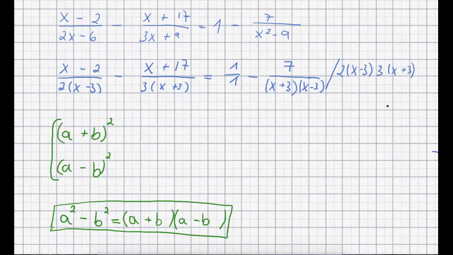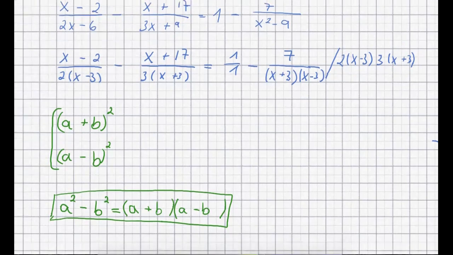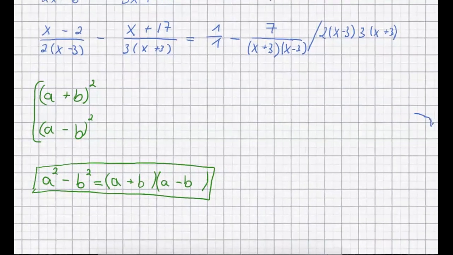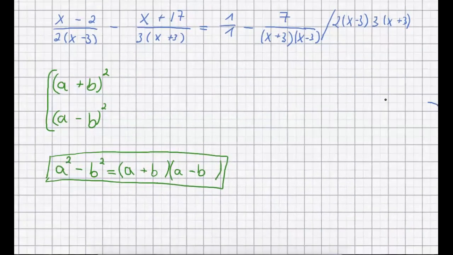Okay? Yeah, but we don't do it actively. We're not going to write it. You don't have to. If you want to, you can put here a dot, dot, dot. So this one times this one times this one times this one. Great.